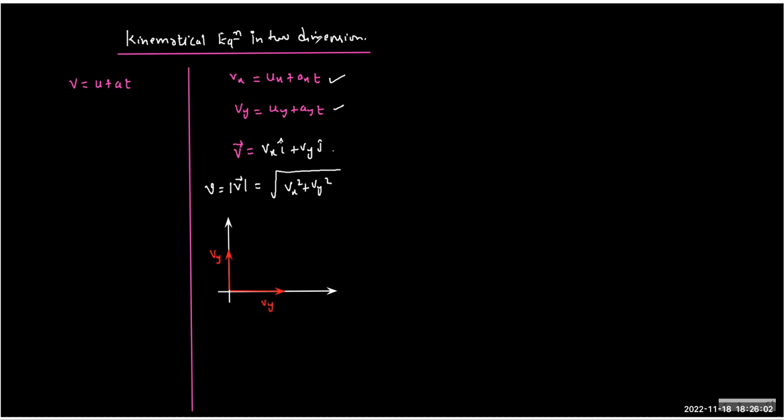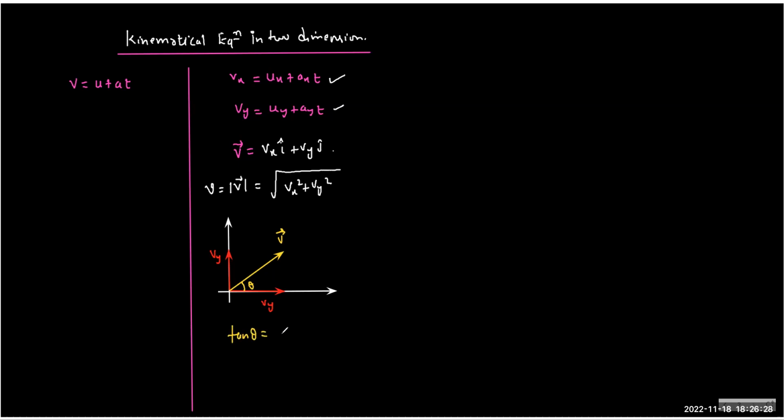You will be asked to find the direction also of the resultant velocity. And this is called V vector. This is called V vector. And then you can find the direction by writing the tan theta.